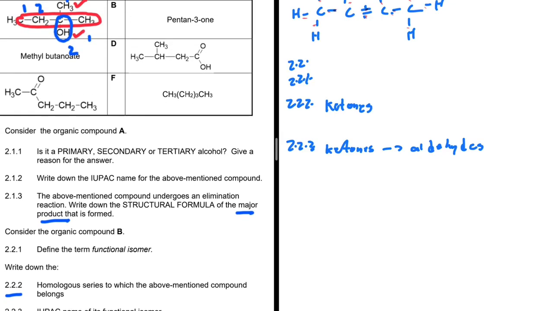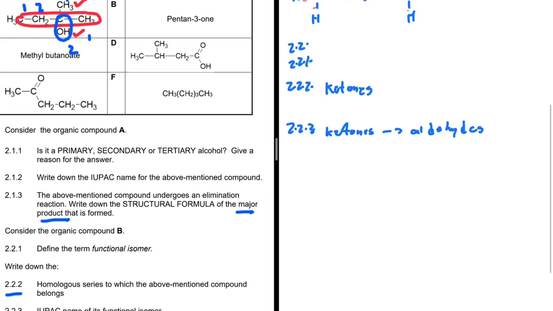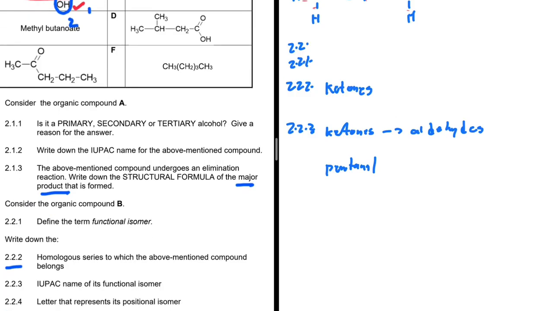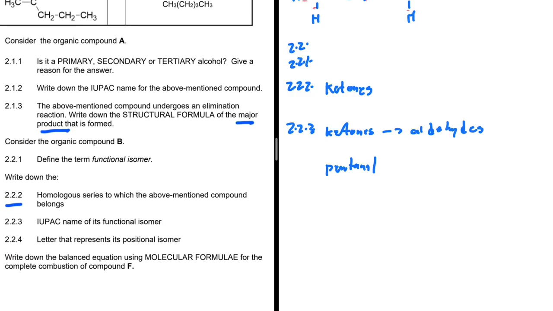So here we have pentan-3-one. The aldehyde that we're looking for is pentanal. Pentanal and pentan-3-one are functional isomers. So what are we looking for? IUPAC name of its functional isomer. Oh, okay, we're done then. I thought we were looking for the structure, but we're just looking for the IUPAC name. The IUPAC name is pentanal.